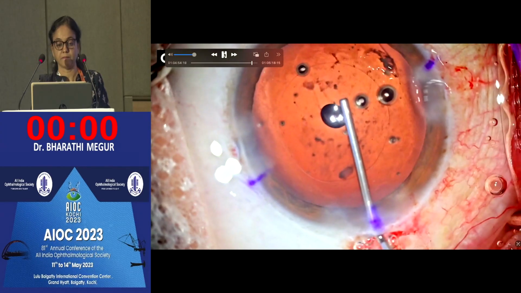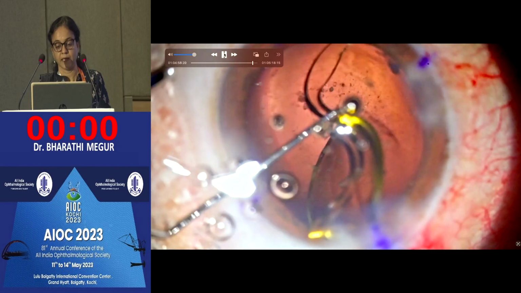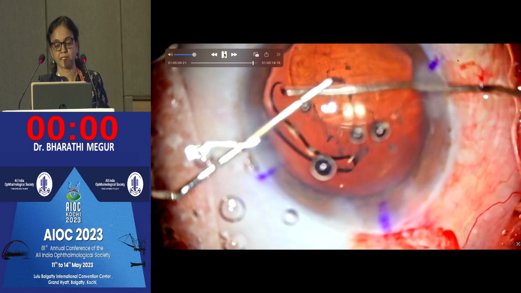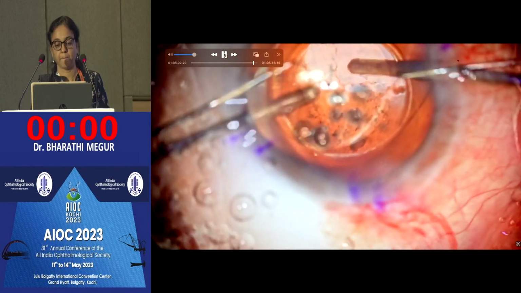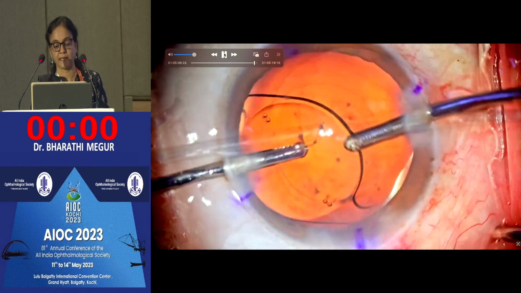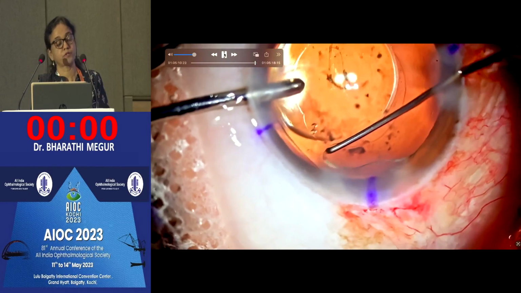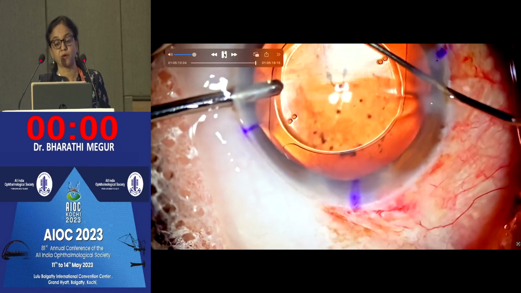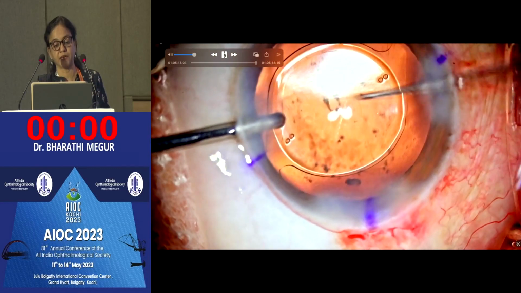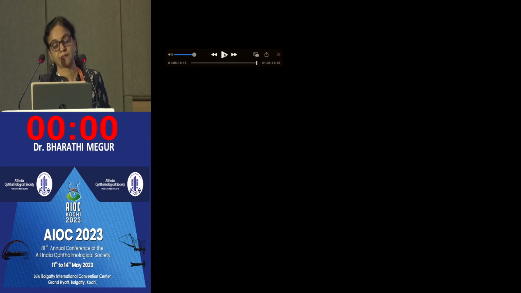The manual marking of the axis is done at the slit lamp in this patient. The chosen toric IOL is implanted in the axis. A few years back, post-polar cataract was a relative contraindication for the implantation of toric IOLs, but of late, even in post-polar cataracts, we are able to implant toric IOLs.